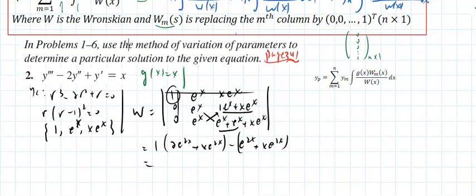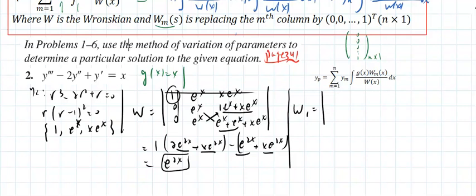So I have 2e to the 2x minus e to the 2x, that's 1 e to the 2x, x e to the 2x minus, that cancels out. That's the Wronskian with all of those. Now I need 3 of those.